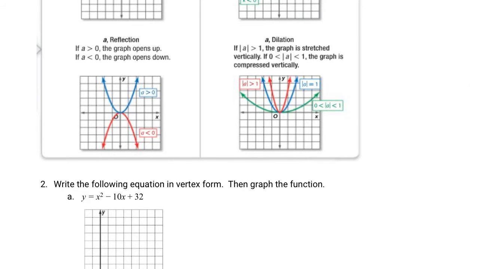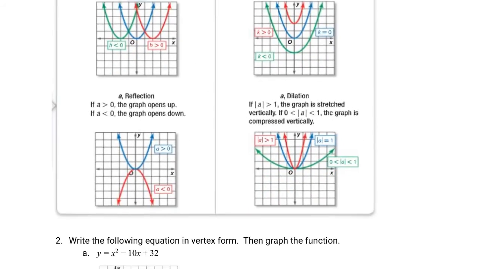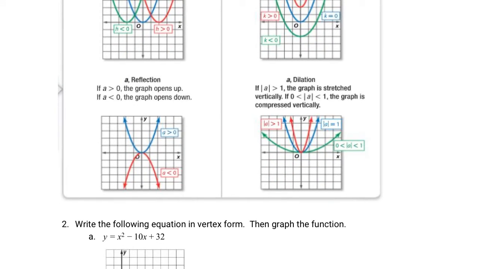If we look at reflection, we already know that if A is positive, your parabola opens up. And if A is negative, your parabola opens down. A, by the way, is the number in our vertex form that is right here in the very front. You can see it again right there. Dilation is how far it's opened up.